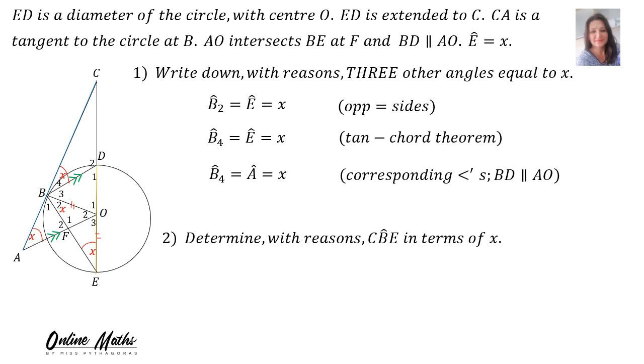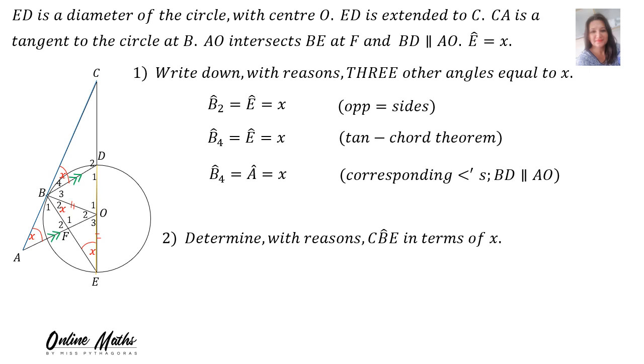Question 2 says, determine with reasons angle CBE in terms of X. Remember, in terms of X means that you may have an X inside your answer.